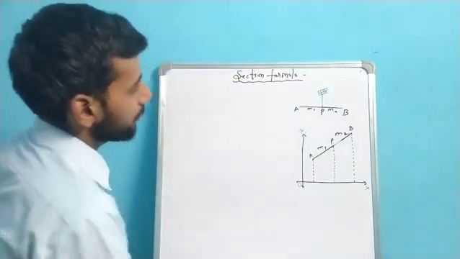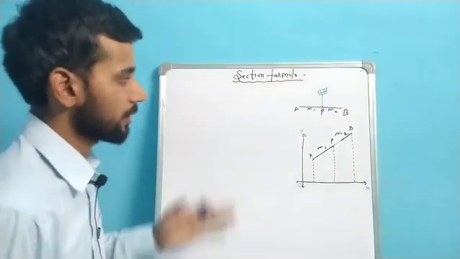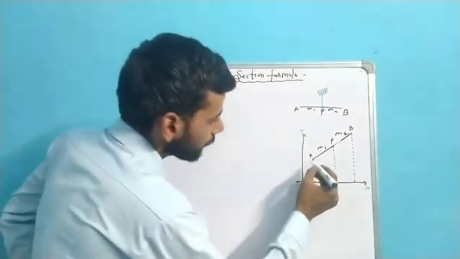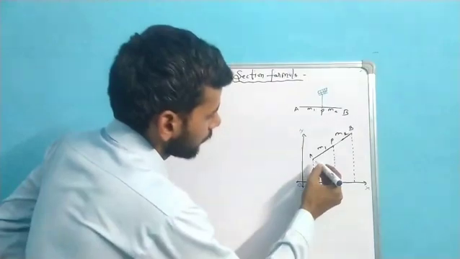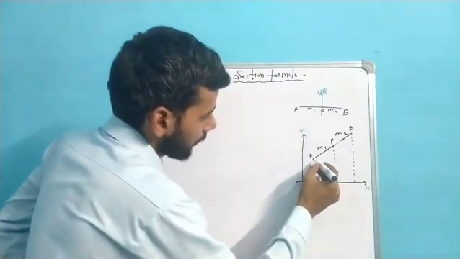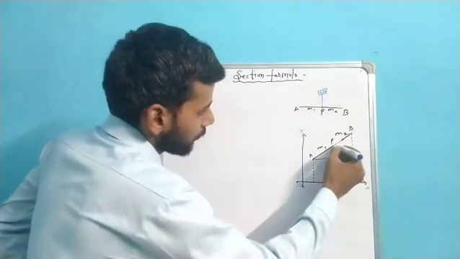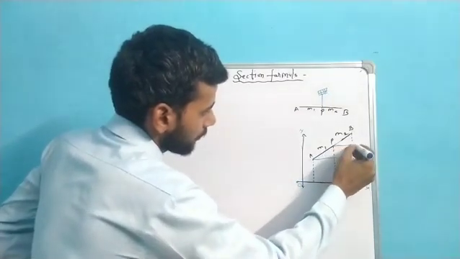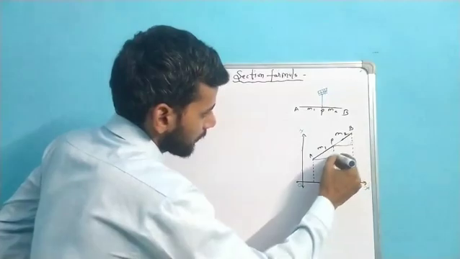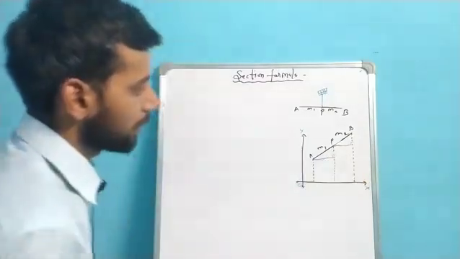Today we discuss the section formula. Let's suppose we draw a line from A parallel to the x-axis, and a line parallel to the x-axis from B. This angle and this angle will be 90 degrees.